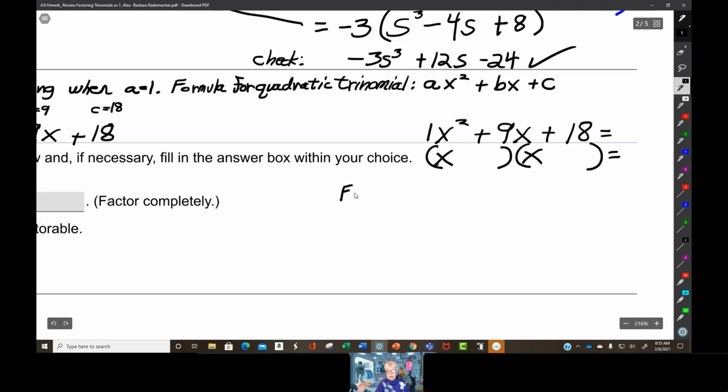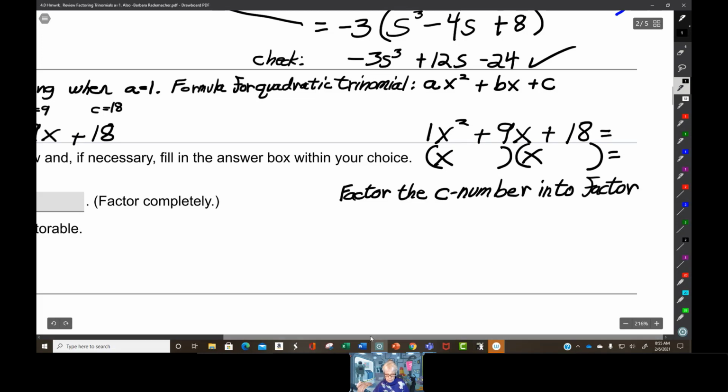Factor, that is break apart, factor 18, the C number, into factor pairs.